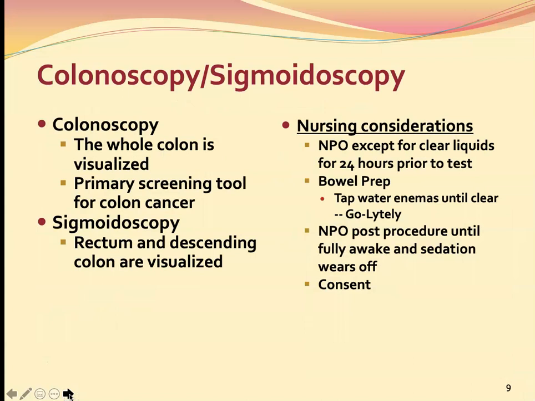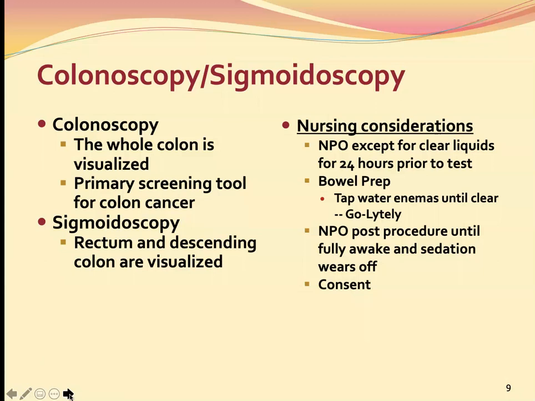Like I was saying, the colonoscopy is basically the gold standard for visualizing the GI system. It is also the primary tool for screening colon cancer. Those of us that are going to be turning 50 soon, we should be looking forward to this.